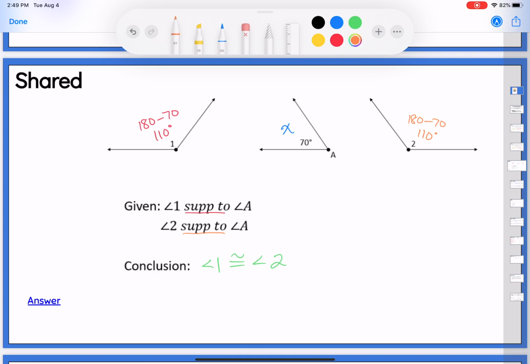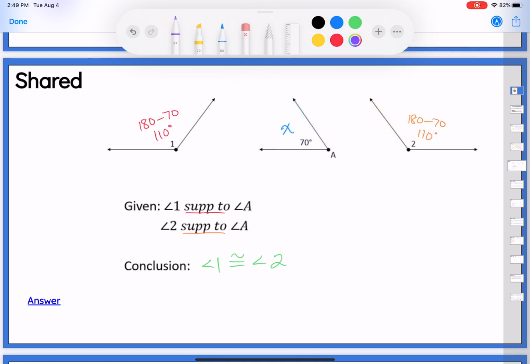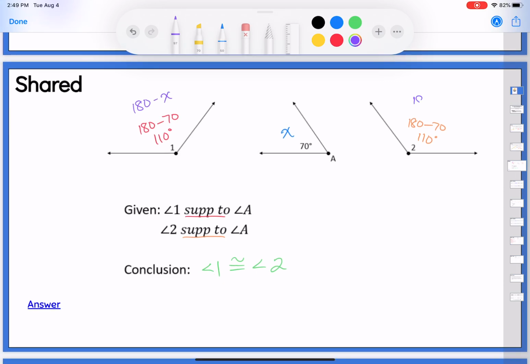Well, if angle A was just x, I didn't even know what the number would be. Angle 1 would be 180 minus x, right? And angle 2 would be 180 minus x. So even if I don't know what x is, they have the same value, they have the same measure because they're exactly the same thing. So I didn't even have to give you the 70 degrees.